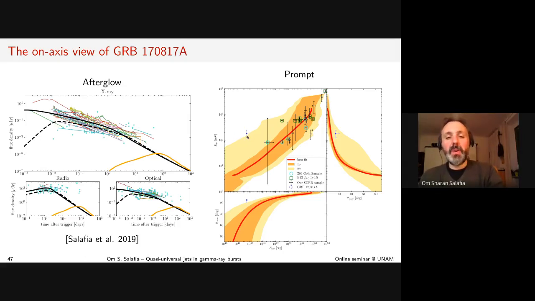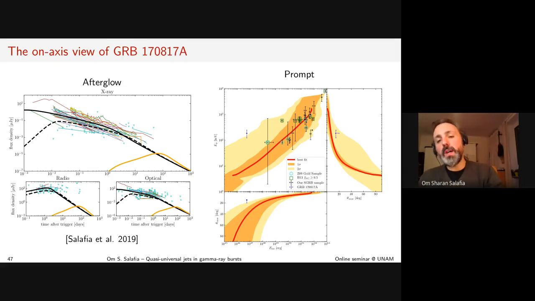So essentially, you cannot actually explain it by invoking the same structure that you use to model the afterglow and a constant efficiency and an identical comoving spectrum at all angles.